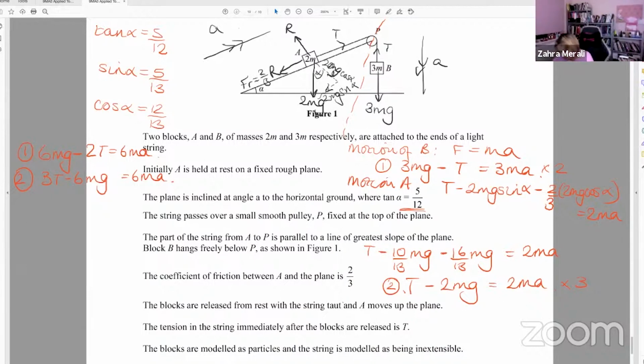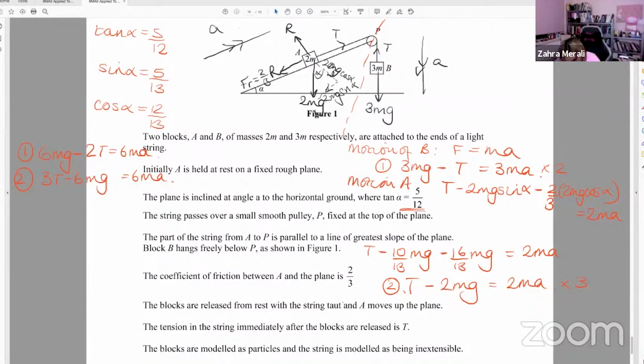10 plus 16 divided, so that's minus 2mg. And if I take them away from each other, I'm not going to end up with 12/5, am I? So I'm going to have 6mg. So I'm going to have minus 2.